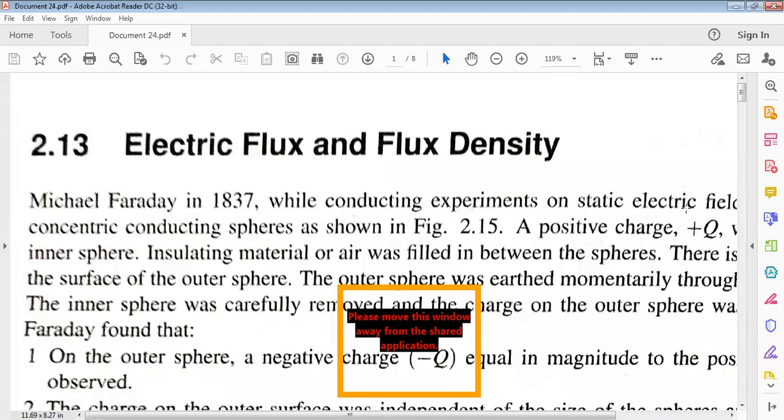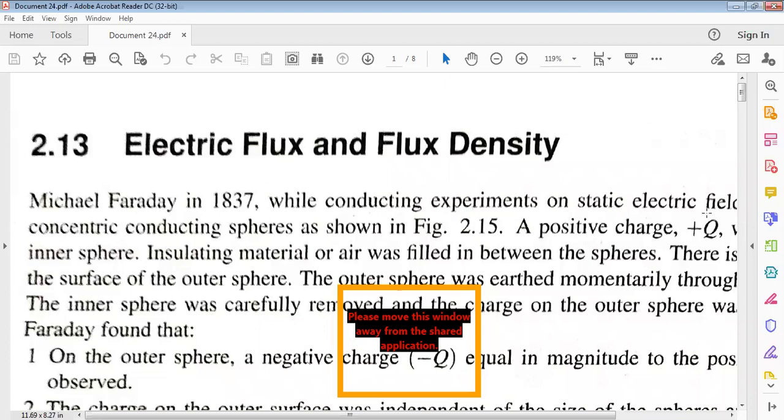Simply, they considered two concentric spheres, an inner sphere and an outer sphere, separated by some dielectric material. The outer sphere is connected to ground with a tic-tac switch, momentarily connected.